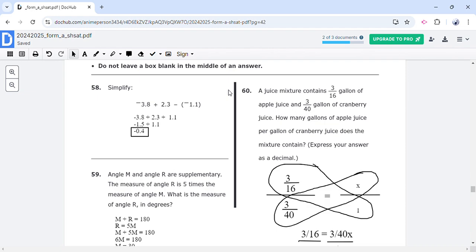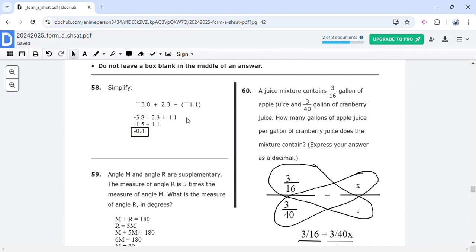Let's get started. For question 58, this is a simply easy one. It says simplify negative 3.8 plus 2.3 minus negative 1.1. So subtracting a negative is basically like adding a positive. So you can change this to negative 3.8 plus 2.3 plus 1.1.